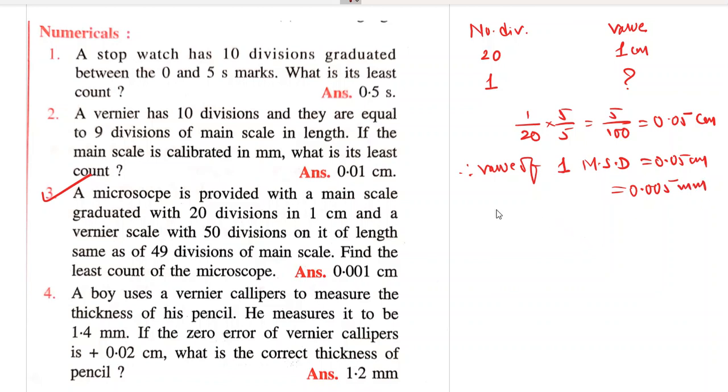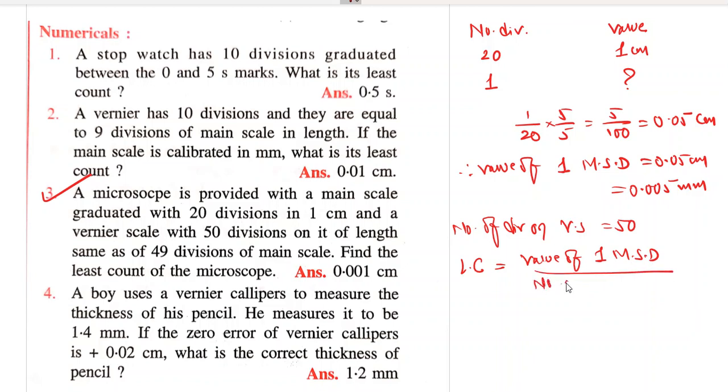Okay, and a vernier scale with 50 divisions on it of length same as 49 divisions of main scale. So number of divisions on vernier scale is equal to 50. Find the least count of the microscope. So least count is equal to value of one main scale division upon number of divisions on vernier scale, that is 0.05 centimeter upon 50.